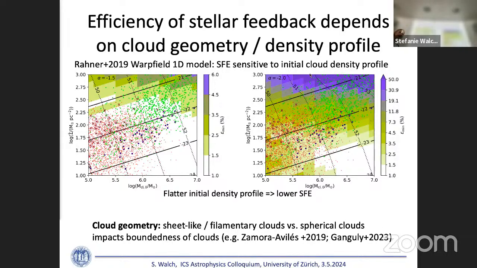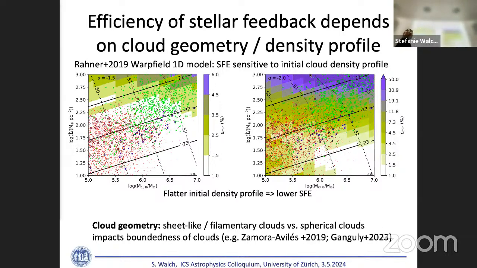So we always have a power law distribution, which peaks in the center and then drops off. And the power law index basically says how quickly it drops off, so basically how concentrated is the density profile. And this density profile with the power law slope of -1.5 is a little bit less concentrated than the one here with -2. So this would be the singular isothermal sphere initial condition, basically.